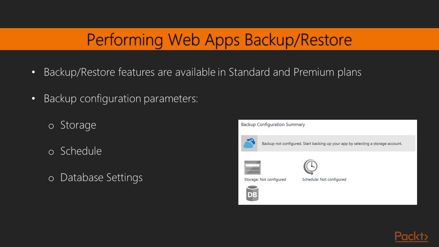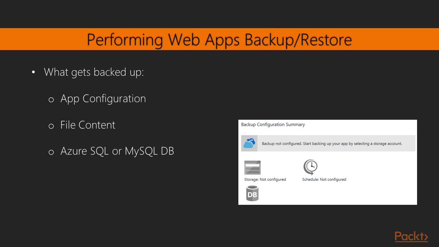You need to specify the storage account, define the schedule, and if you're using a database from your Azure Web App, then you also have to provide some database settings. The information that's getting backed up is the application configuration, the file content, and if you're using a database in the backend, then it will also take a backup of your Azure SQL database or a MySQL database. Other database formats are not supported out of the native web apps backup.